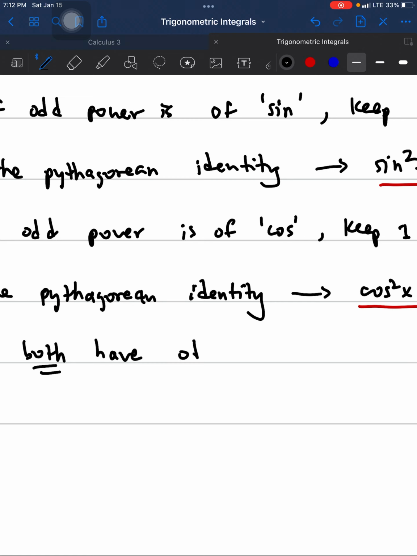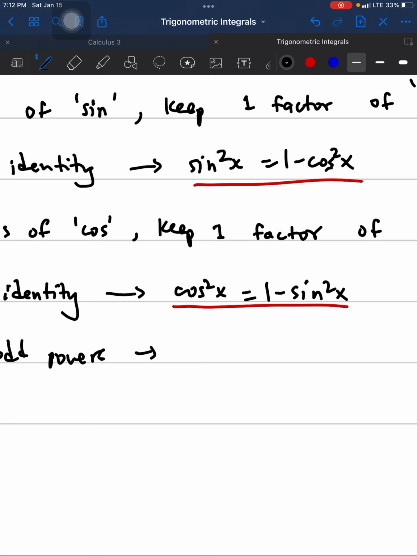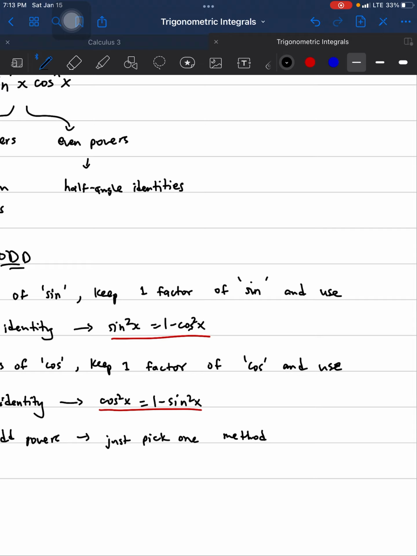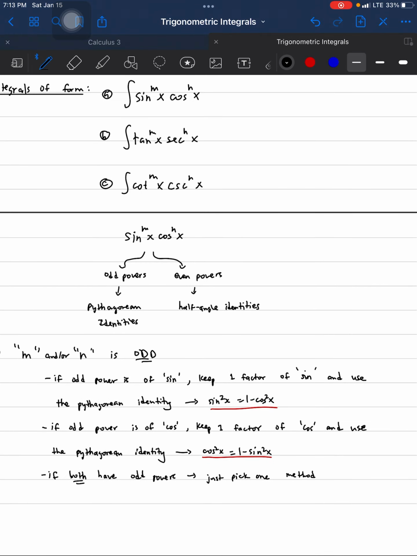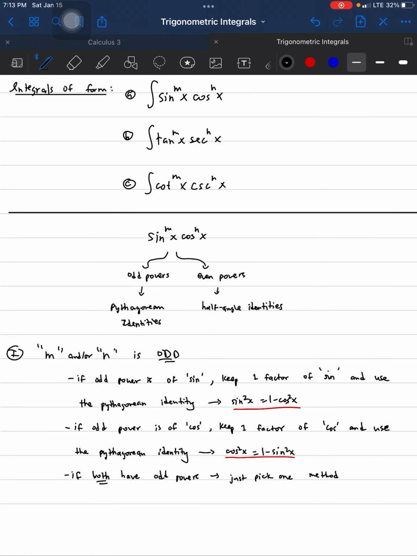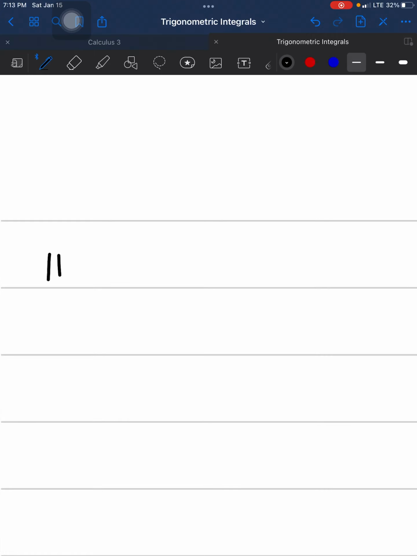If both have odd powers, just pick one method, and just make sure you get at least a power of 2 on either sine or cosine, so you can substitute the Pythagorean identity. So this is the first case, when m or n is odd.